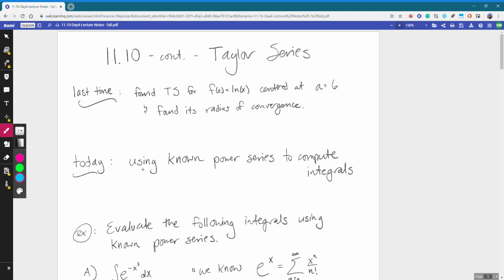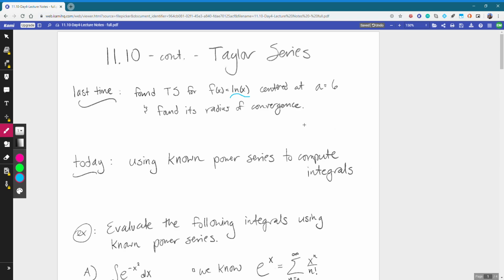Last time we were thinking about what it looks like to center a Taylor series somewhere other than zero. We did an example with natural log of x and computed that Taylor series centered at 6 and found its radius of convergence using the ratio test.